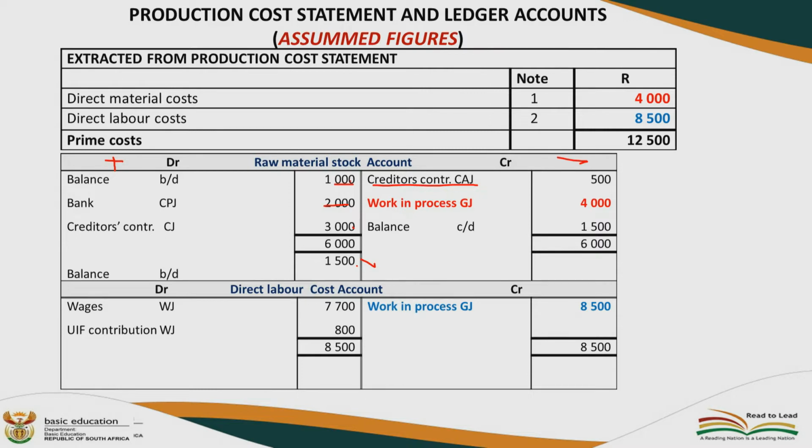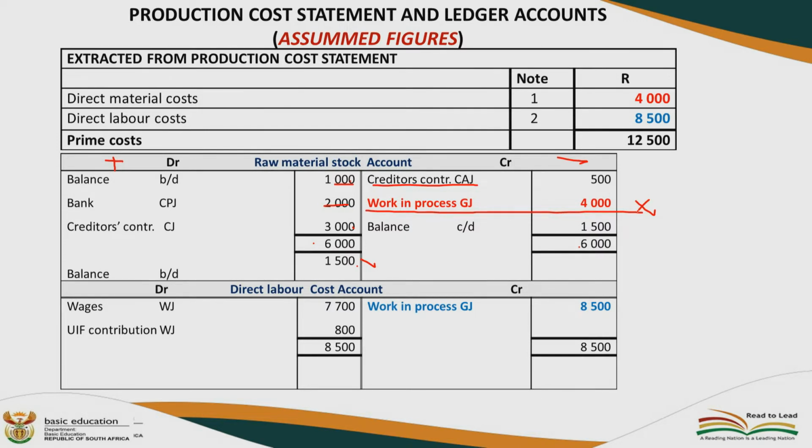When you close off your ledger account, remember, you close it off on the side with the highest amount. You add everything here, you get 6,000, and 6,000, and you get the difference. Then you get an amount which we close off to the work in process account, and that is 4,000. Now, this is what you did in grade 11.